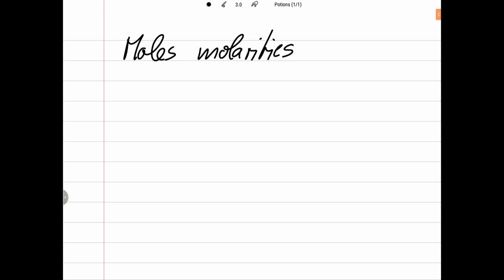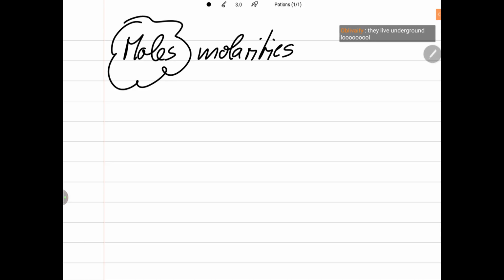That's a different mole. Moles that we use are just another expression for a very common number.